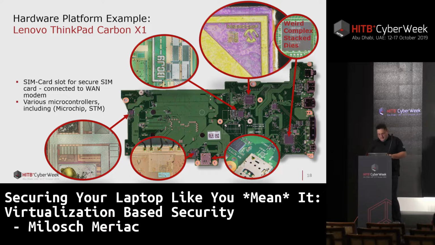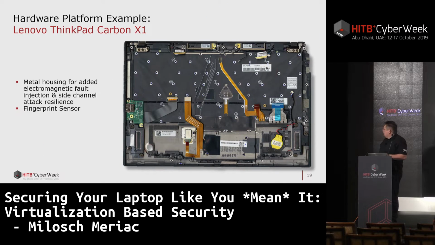The housing itself is pretty nice. It's magnesium based, so it's very light, but metal. So it protects automatically against foil injection attacks because it's highly conductive, and it also probably makes side channel attacks for extracting cryptographic keys harder. So all in all, I think that is a plus.